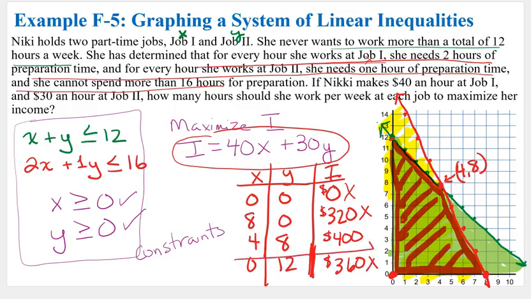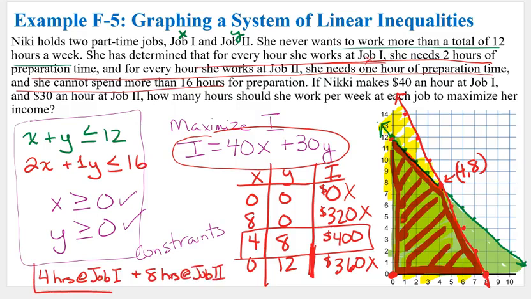It looks like our maximization point is right here. The point that is going to give her the most money is she wants to work 4 hours at job 1 and 8 hours at job number 2. That will give her the most income that she can get, which is $400.